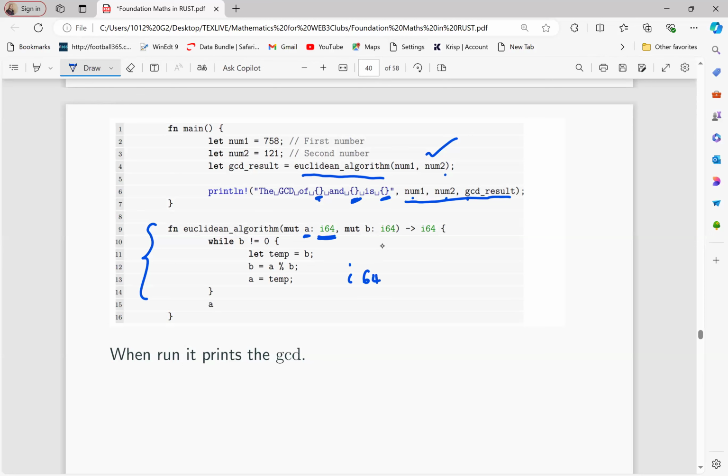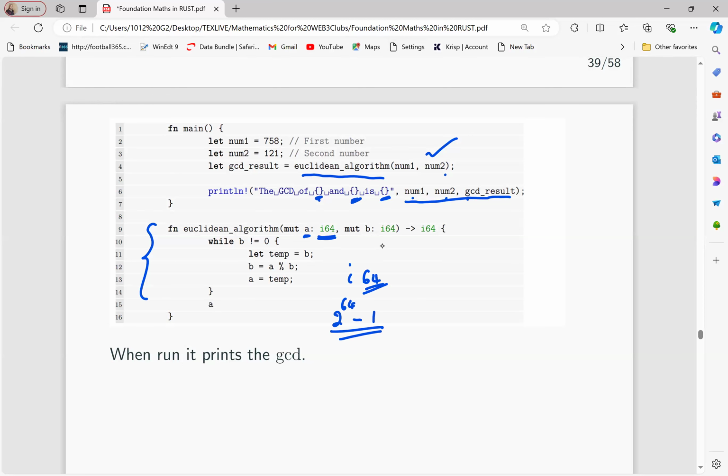64 means 64 bits, which is just 2 raised to 64 minus 1. So it will be in that range. But since it's I64, half of this will be positive numbers, and half will be negative numbers.